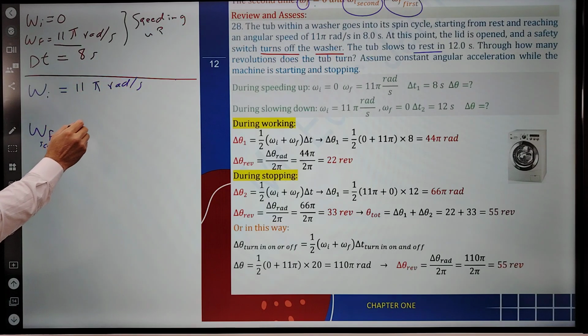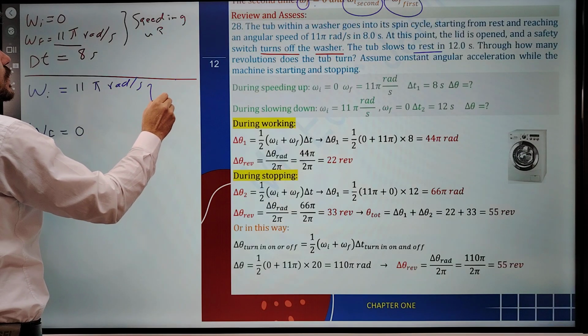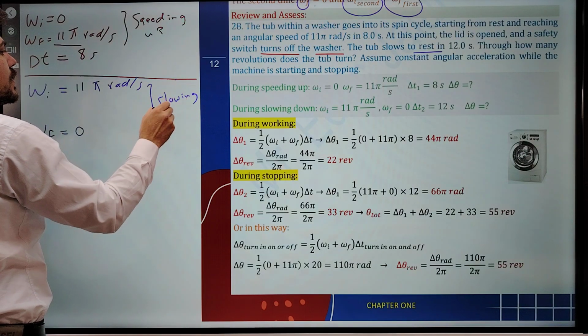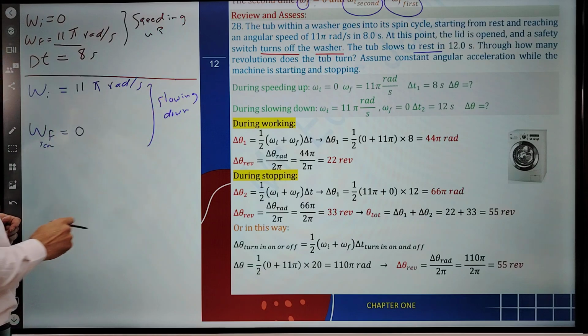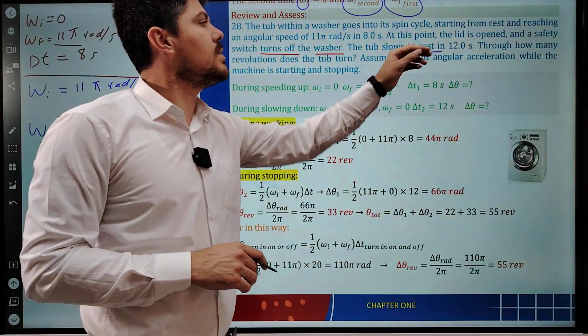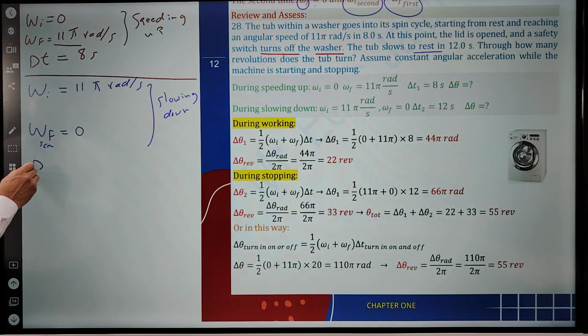From 11 pi to 0, this is slowing down, during stopping from 11 pi to 0. So how long does it take? 12 seconds. Delta t is 12 seconds.